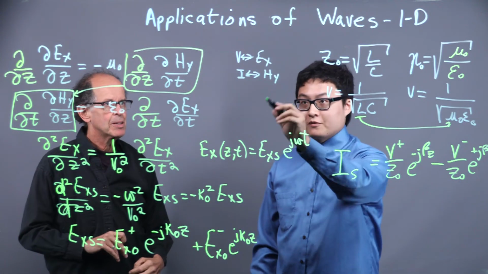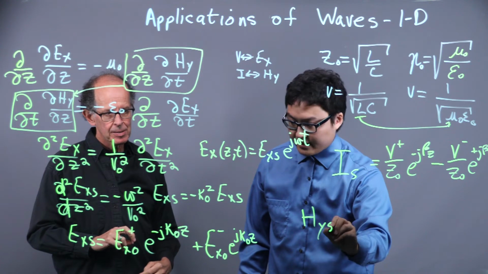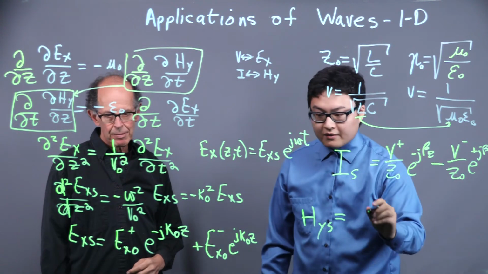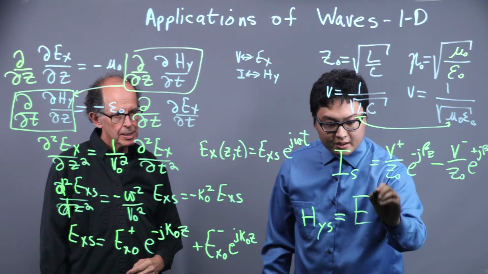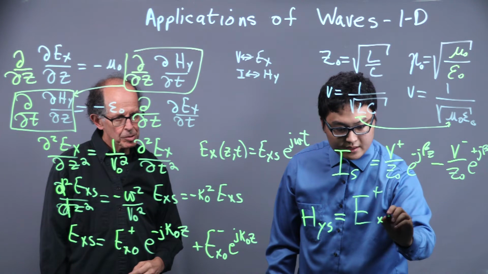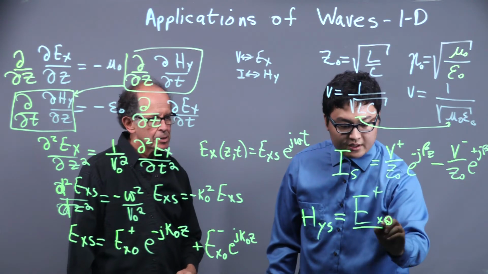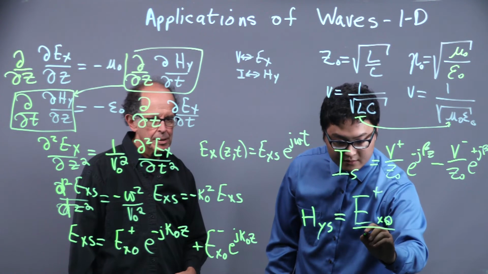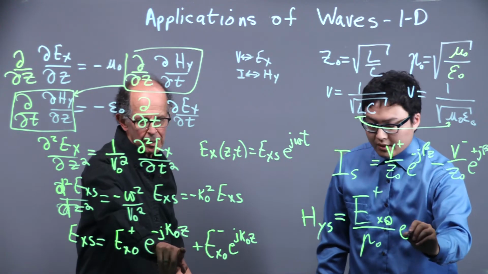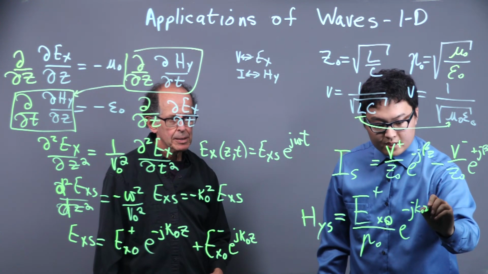Okay. So now we know that eta naught will go in here, and I'll let you do it. Remember, the amplitudes are this. Okay. So for HYS, start with the equivalent of V plus, so E x naught plus amplitude divided by eta naught, e to the minus j k naught z.